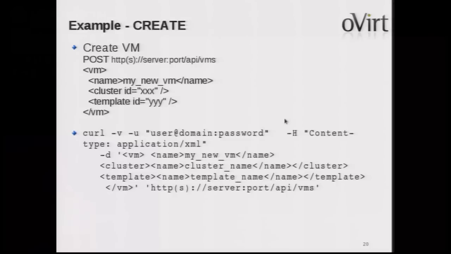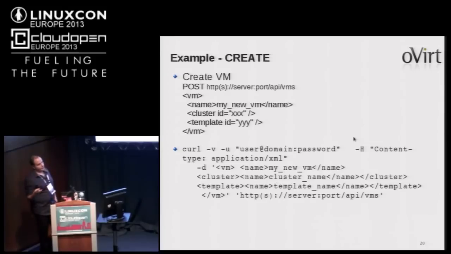If you want to create a VM, you need to do HTTP post, and the minimum parameters you need to supply in here are the name of the VM, the cluster that the VM will reside on, and the template the VM is created from. So you would also use curl with the -d option and give the body of the VM you want to use.